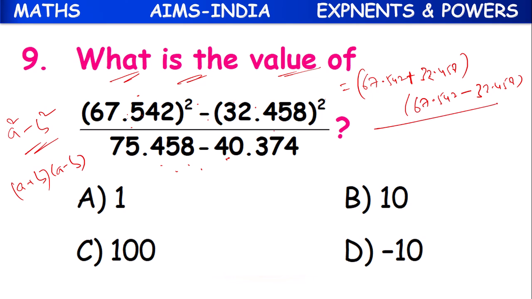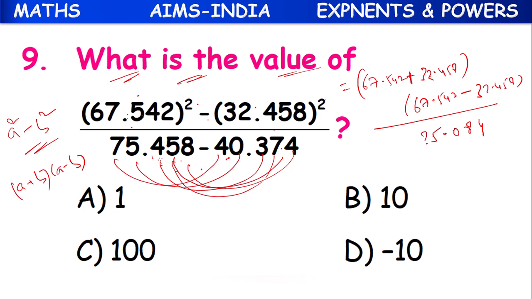32.458, by, if we do the difference of these two, from 8, 4 goes means 4, from 5 we cannot remove 7, we have to borrow 1, from 15, 7 goes means 8, from 3 will be remaining here, 3 minus 3 equals 0, 5 minus 0 equals 5, 7 minus 4 equals 3, 35.084. That is equal to 67.542 plus 32.458.